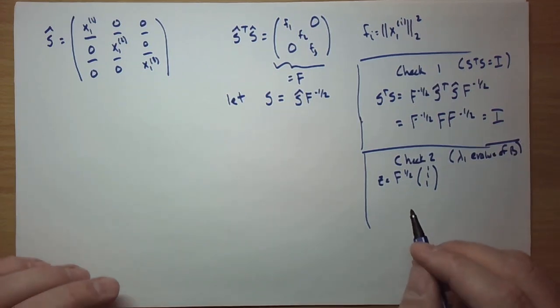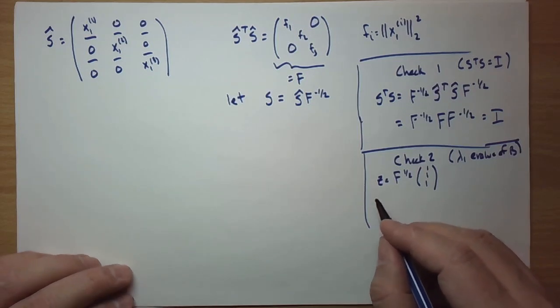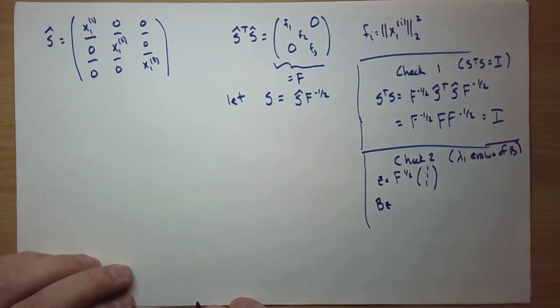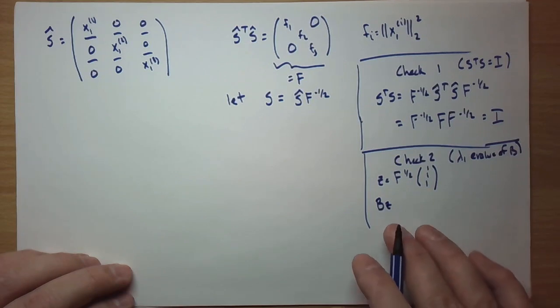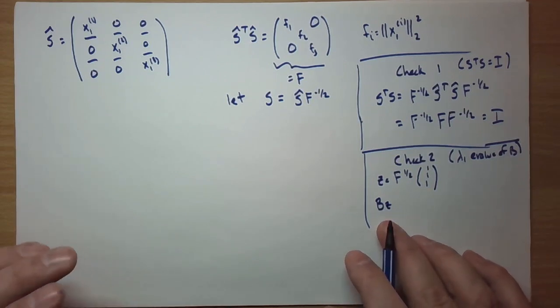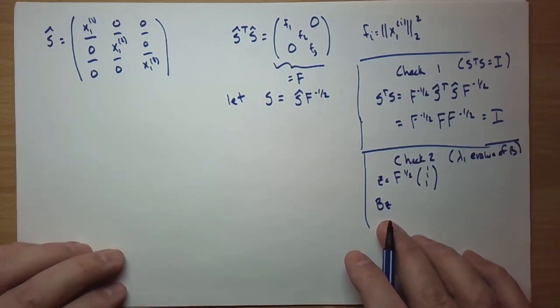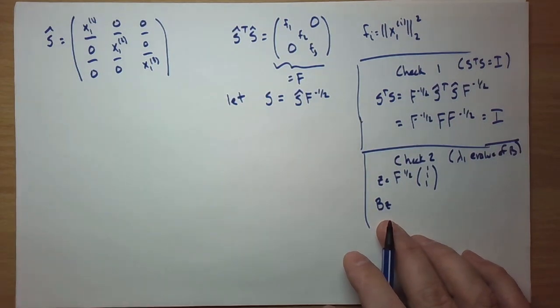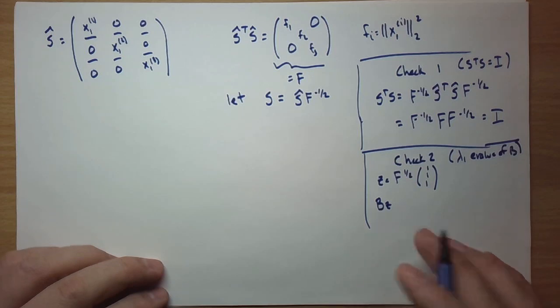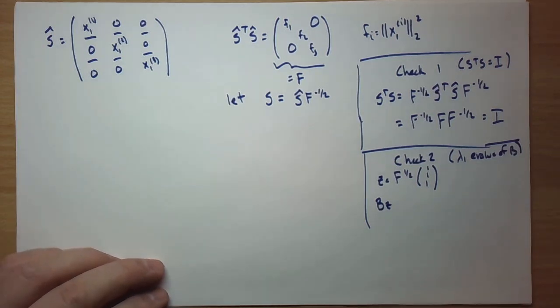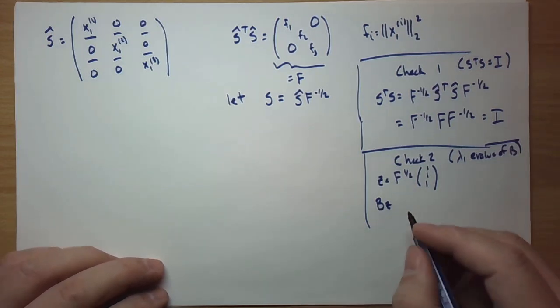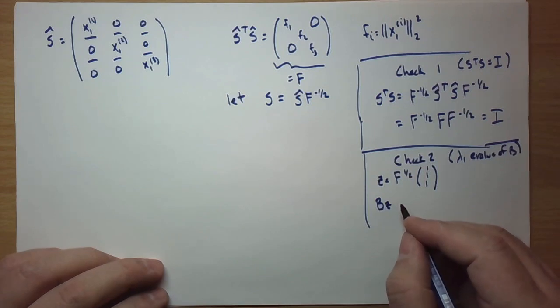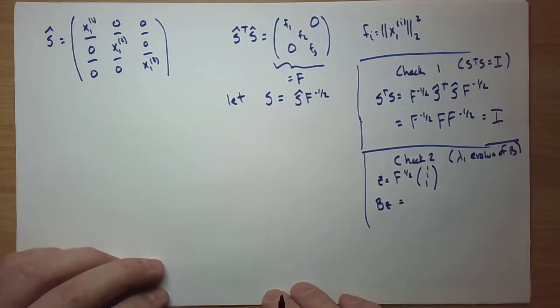So I want to check what happens when we take B times Z. Are we going to be happy? Well, hopefully. We'll do a little bit of BZ work, and we'll get something that we like at the end.